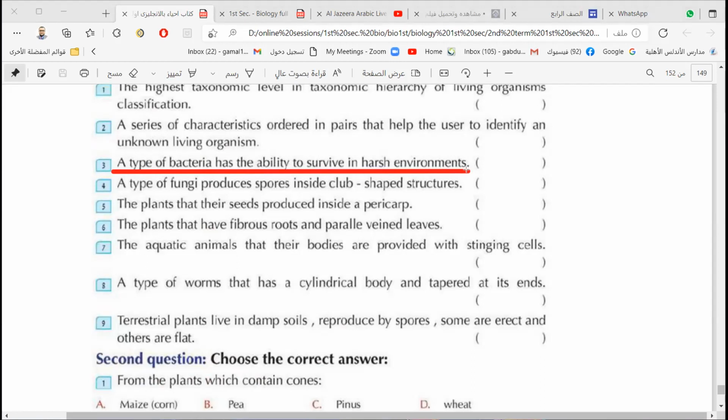We have 2 types of bacteria. The old bacteria and the new bacteria. The old bacteria, yes. Or it is called what?